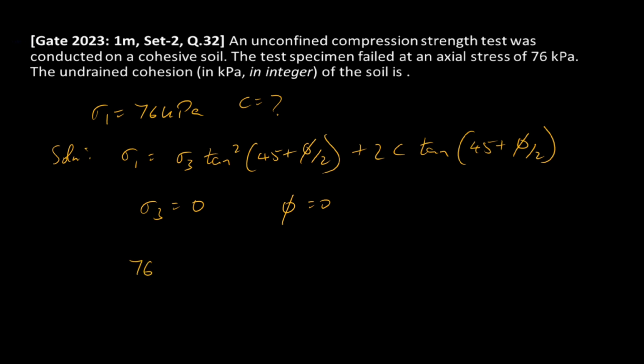Therefore, sigma 1, which is 76, will be equal to 2c tan (45 plus 0). Therefore, c will be equal to 76 by 2. So, tan 45 will be equal to 1, which is nothing but 38 kilopascal.